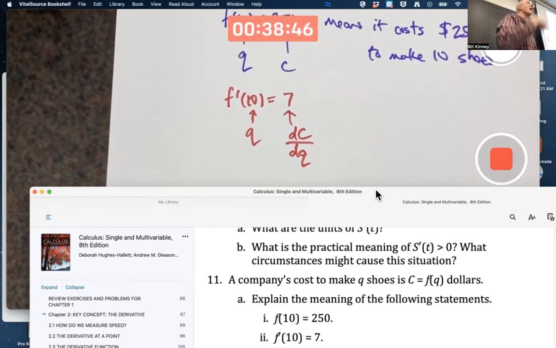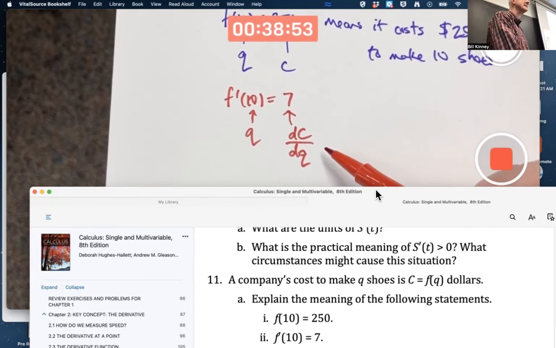Hey, a rise over a run, maybe? It is analogous to that. Why do we use d's instead of deltas? I don't want to get into that right now. It's tricky. For the moment, just say, hey, that's a notation for the derivative.